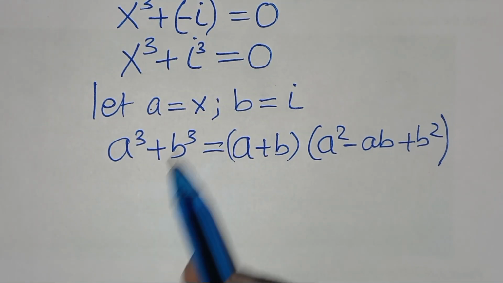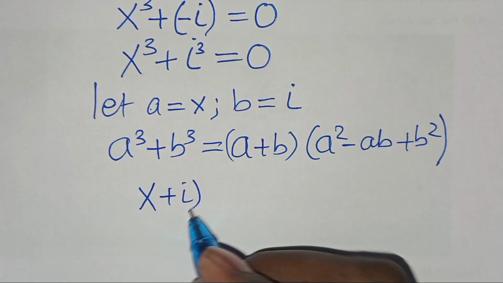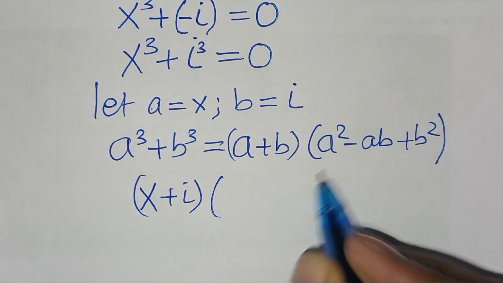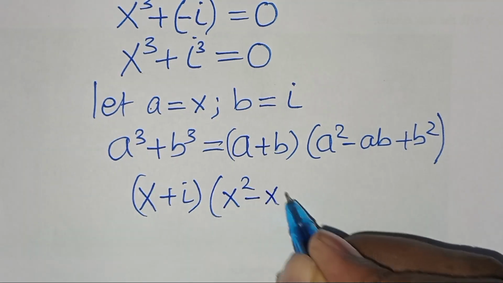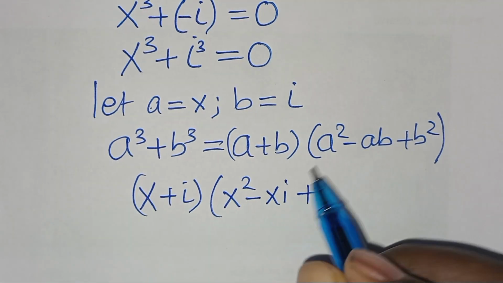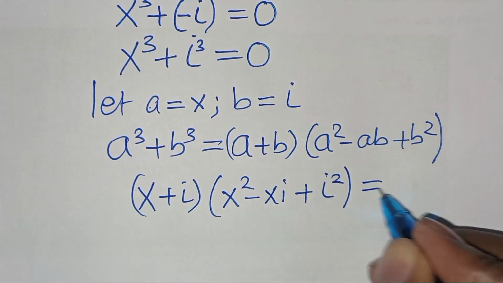So from what we have here, this is x plus i, into the parentheses, we have x squared minus xi, then plus i squared. This is equal to 0.